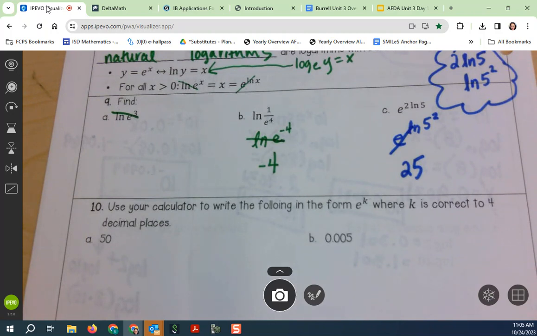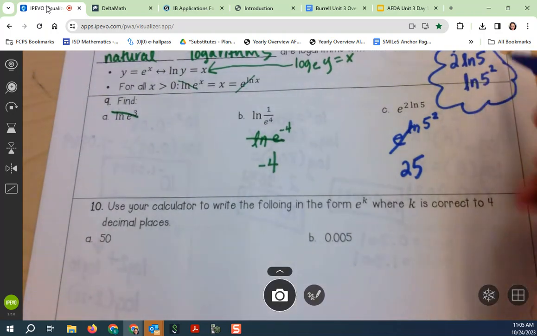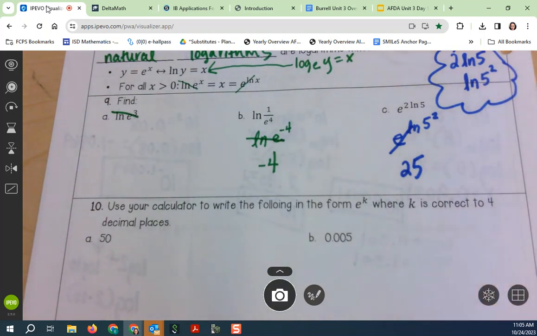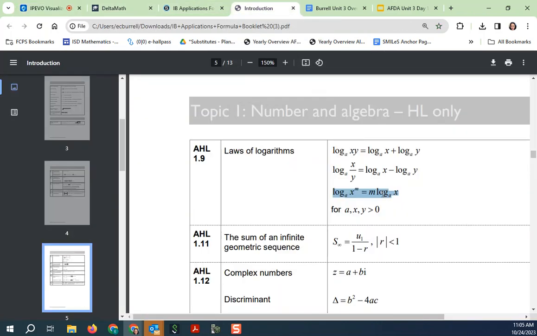Okay, so you're okay with 2ln5 becoming ln5 squared? That one came from the properties of logarithms that are in your formula booklet. It says if you have a number in front of your logarithm, like a coefficient, that can become an exponent on your argument here.